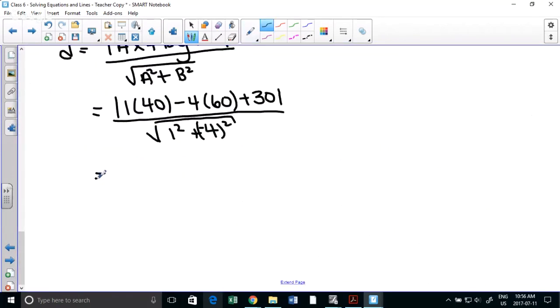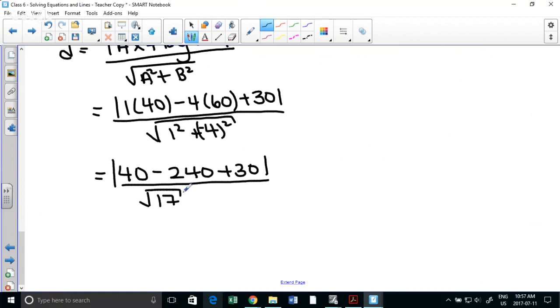So from here, I get, this is 40. Don't forget your bracket. -4 times 60 is -240. And we have 30. It's divided by 1 squared plus 4 squared, which gives me 17. 40 minus 240 plus 30 gives me -170. The root of 17 is 4.123.